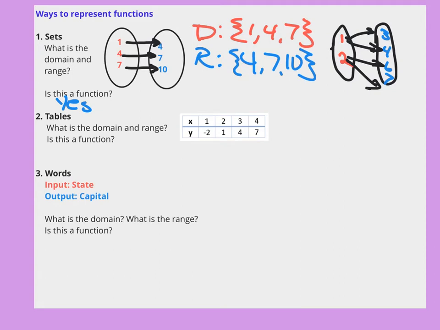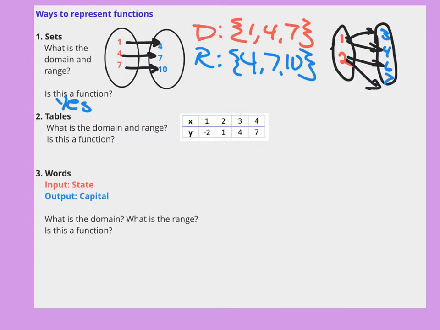In this particular case, because my 1 here is being mapped to 2 different values, and my 2 is being mapped to 2 different values, this here would be a representation of something that is not a function.